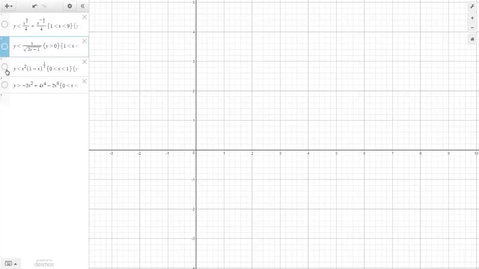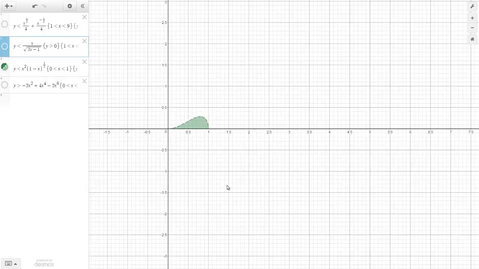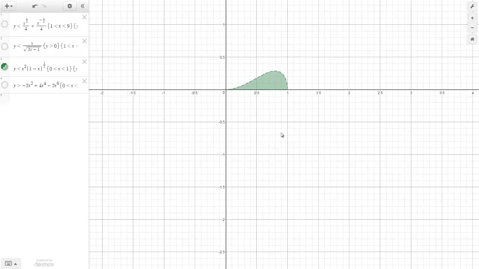So our original function was x squared times the square root of 1 minus x. And the original limits of integration ran from 0 to 1.